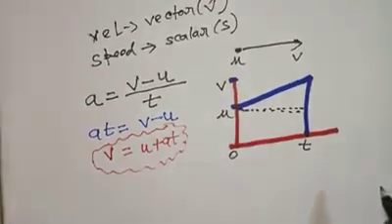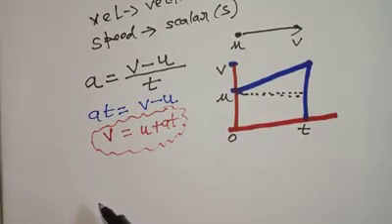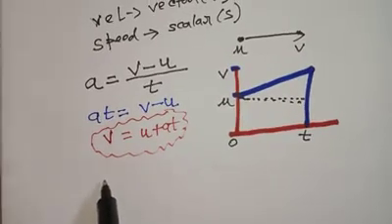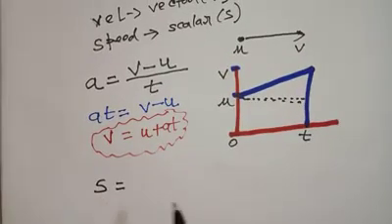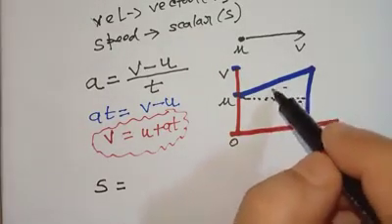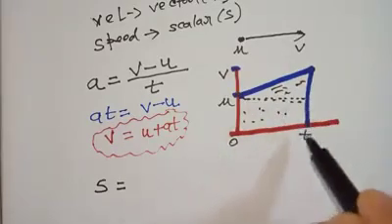So distance, as we denote it in general by the sign s, is a convention in physics. So we can write s equals this part plus this part. I can call this a triangle and this a parallelogram, or a kind of rectangle.